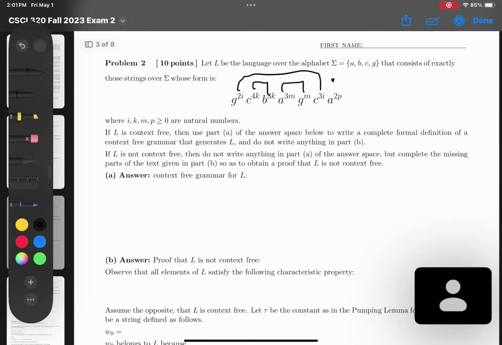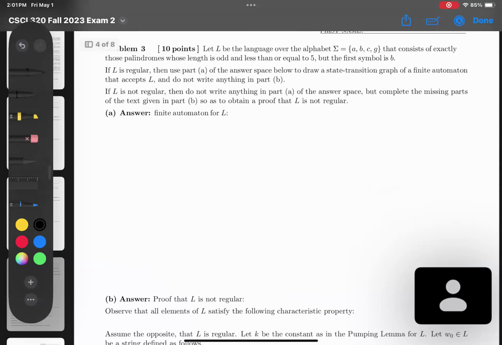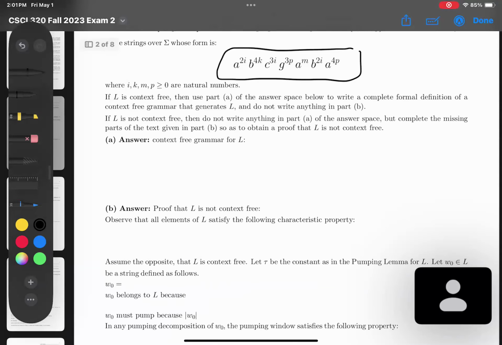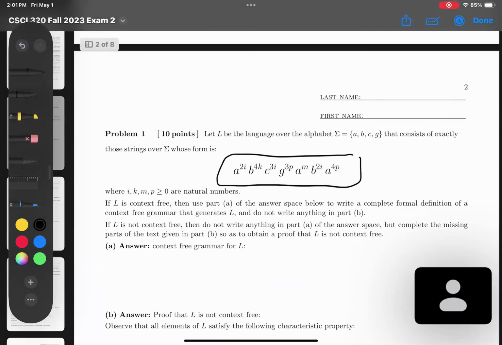Wait, I have a question. If there's an overlap, then what happens? You see that with this problem, the first one. Yeah, this one here. Not the K, let me go back. The P's, yeah. You see, the segments are truncated by letters from a different variable, you could say.